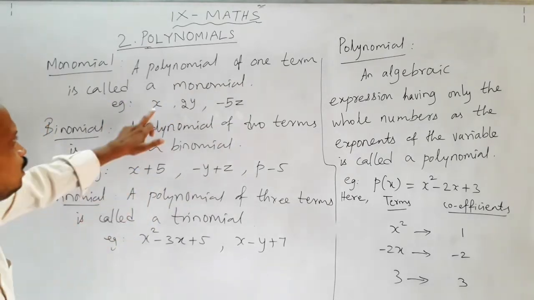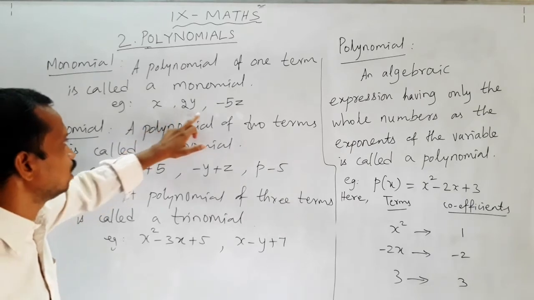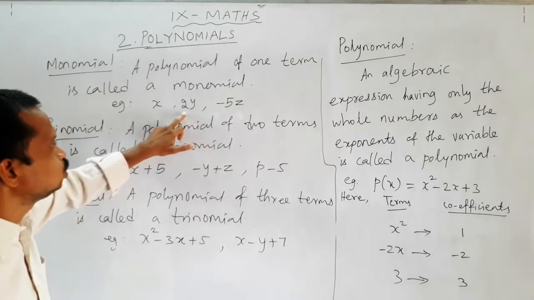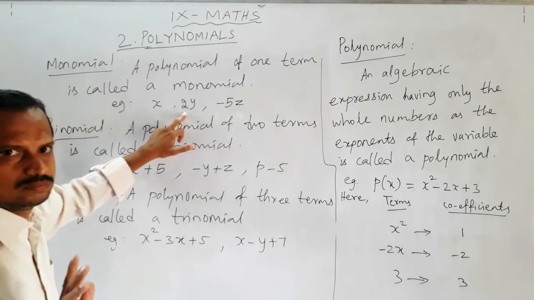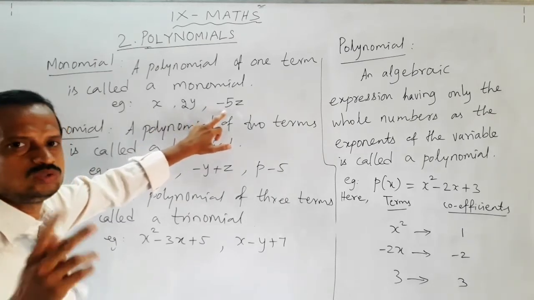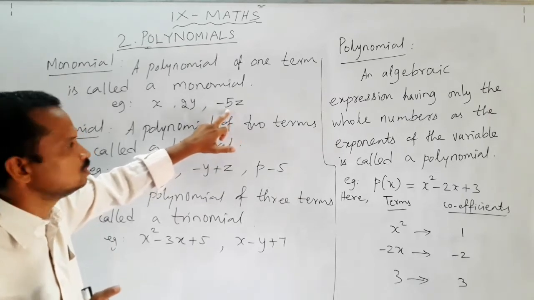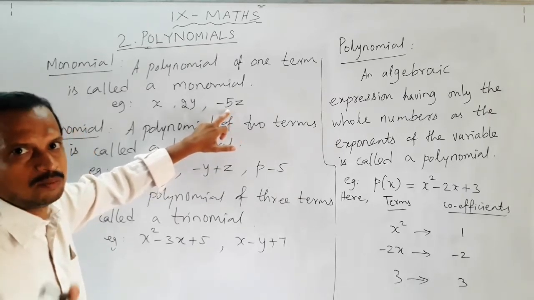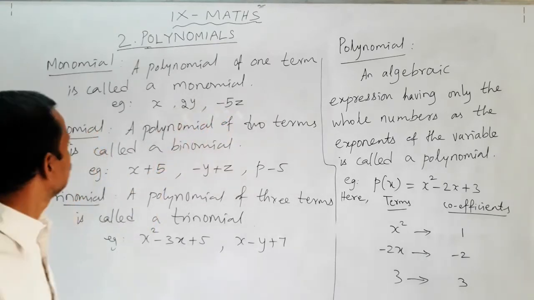One term means you see x. x itself is one term. 2y, I put a comma, is separate. Polynomial, one term only. And here minus 5z. The minus sign is there, and the coefficient of minus 5z is minus 5. Okay. So like this we have to take.